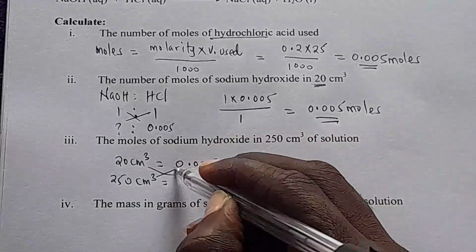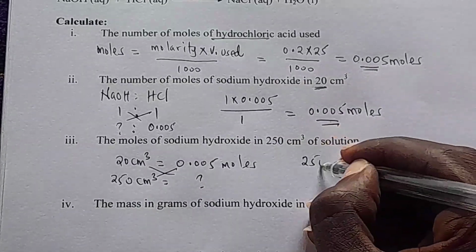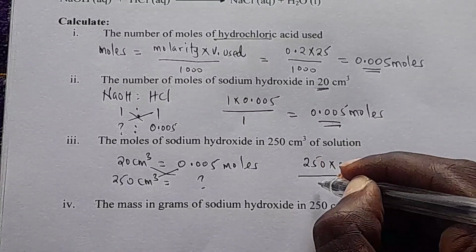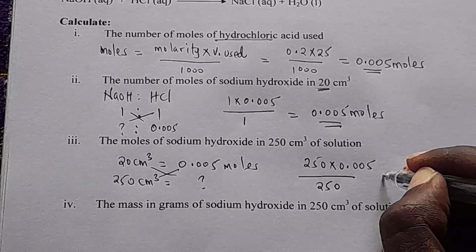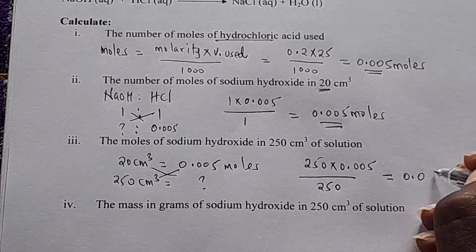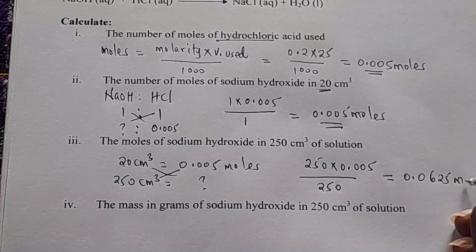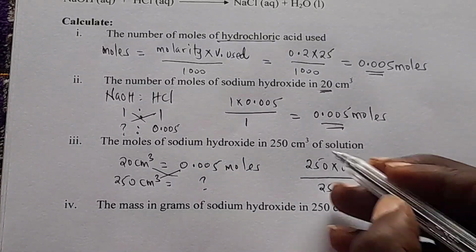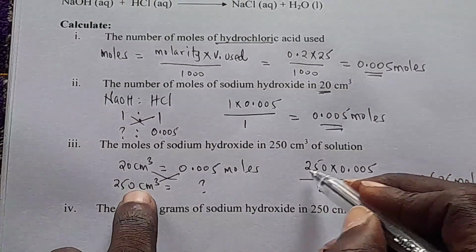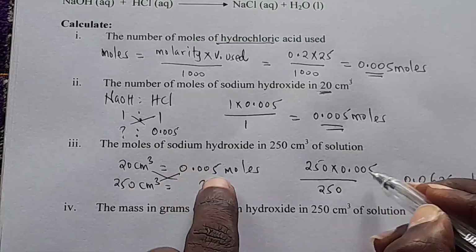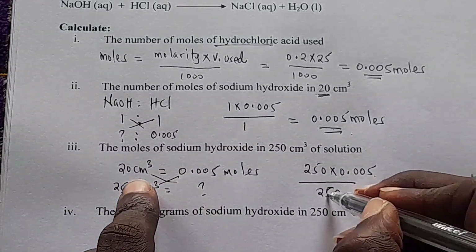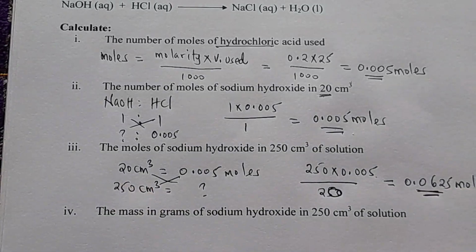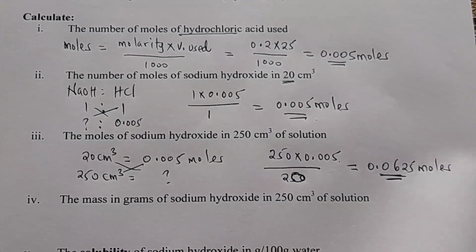Cross multiply: 250 multiplied by 0.005, then divided by 20, not 250, sorry for that. We are going to get 0.0625 moles.